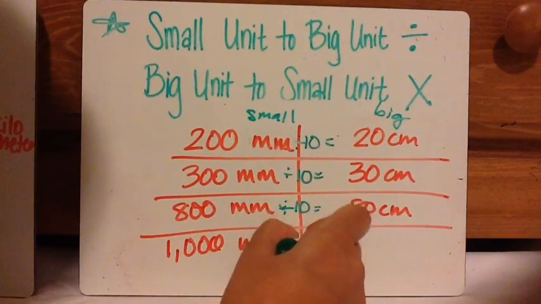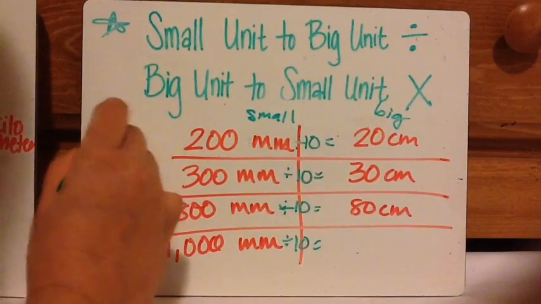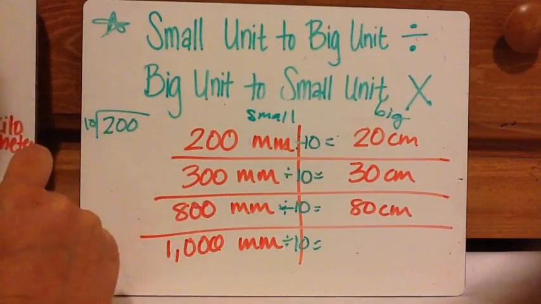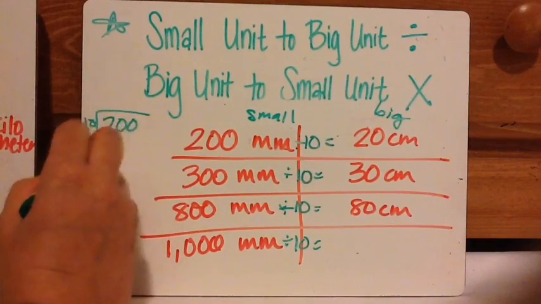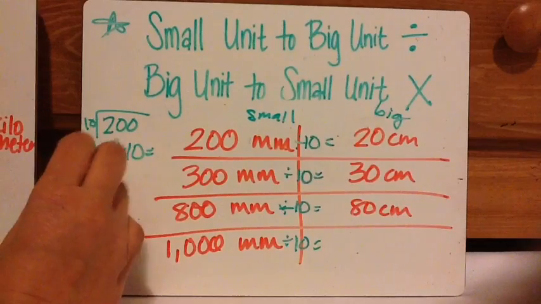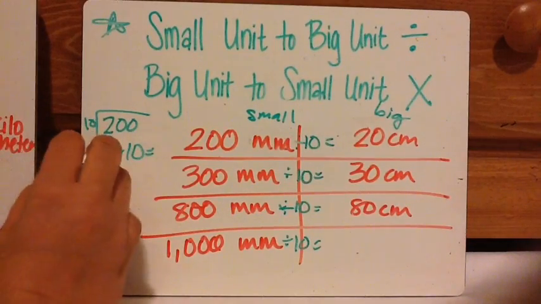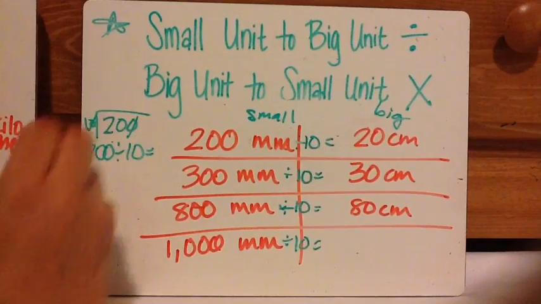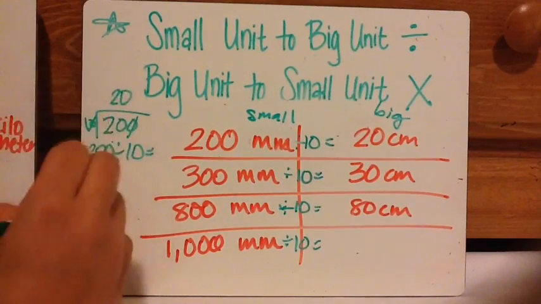Now, if you don't know how to do division with zeros, it's a lot easier if you do it this way. When you're doing division, if you can find a 0 in both spots, it's easy to eliminate it, and then you're just doing 20 divided by 1 equals 20.